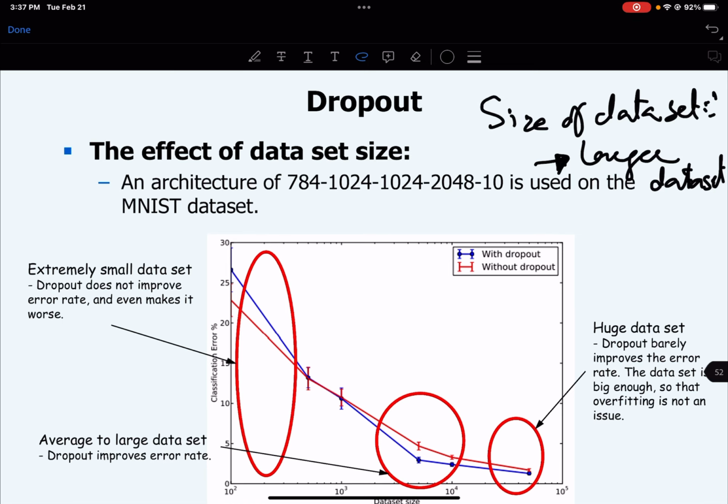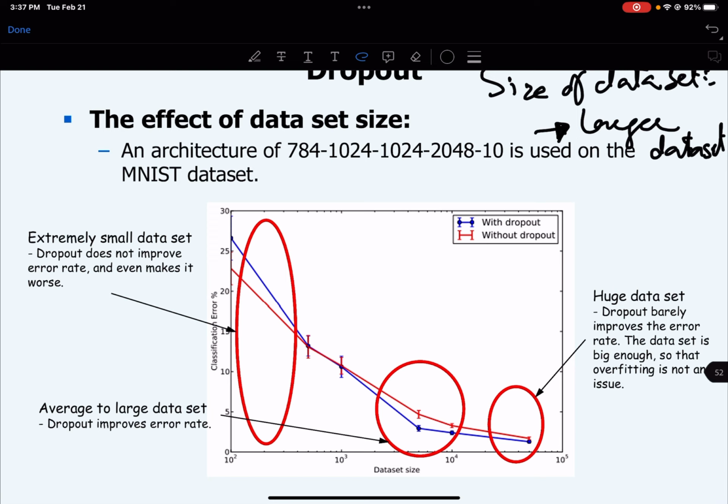So in this example, we are increasing the data size from 10 raised to power 2 up to 10 raised to power 5, nearly a million. With a very small data size, dropout does not improve the error rate and even makes it worse.